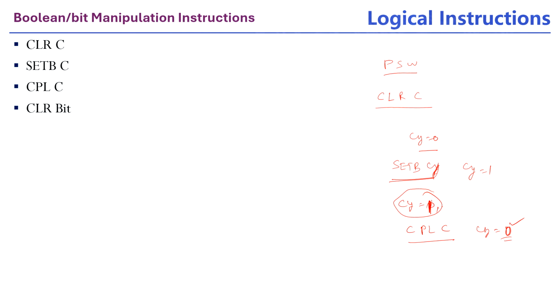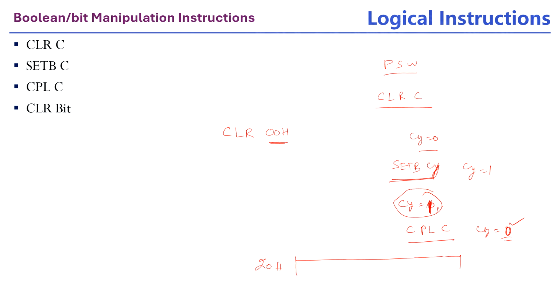Next, clear bit. Bit means you can use any bit within a bit addressable register or bit addressable location. So let us consider I can write CLR 00H. This means in internal RAM, location 20H is available.